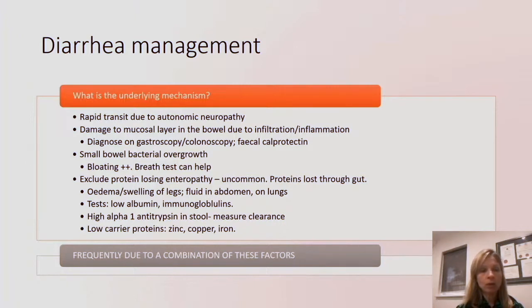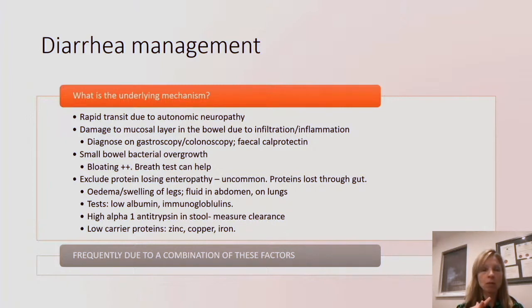One of the causes is something known as rapid transit due to autonomic neuropathy. So what that basically refers to is, as you would remember, I showed you the picture of the nerve endings going into the gut wall. Some of those nerve endings in their normal function stimulate the bowel, and some of them actually stop the bowel from working too fast.